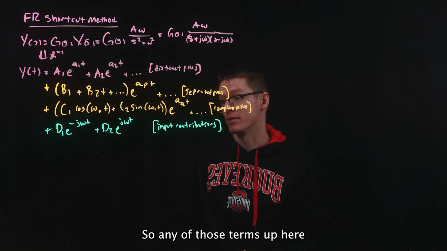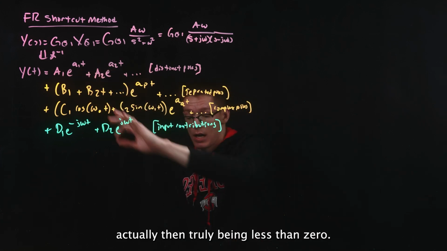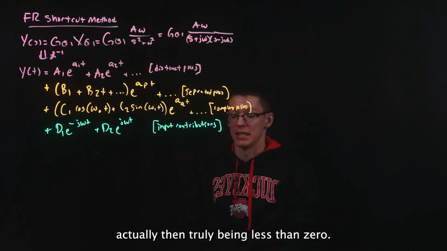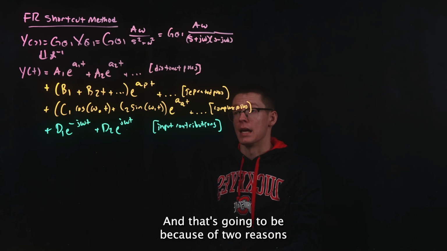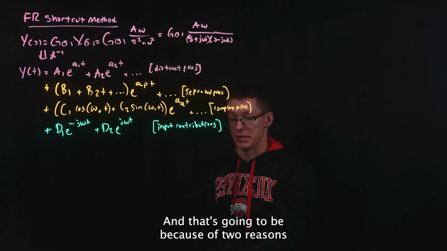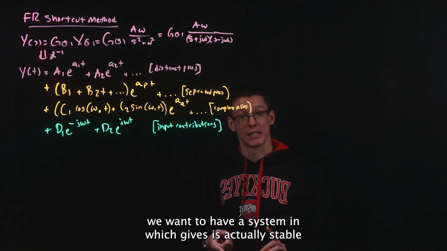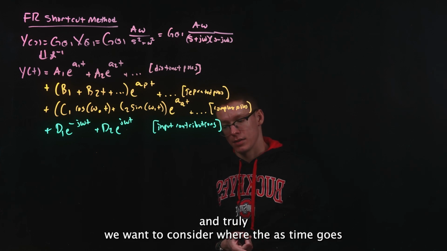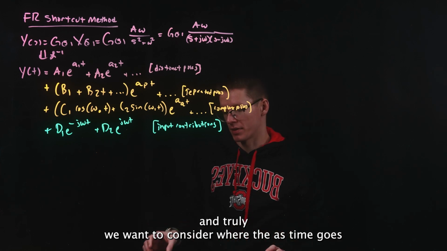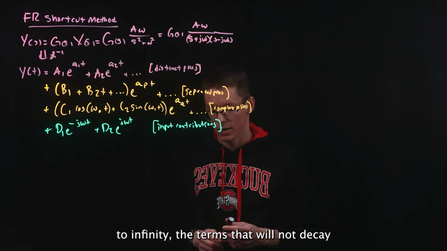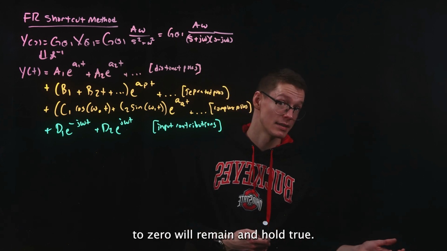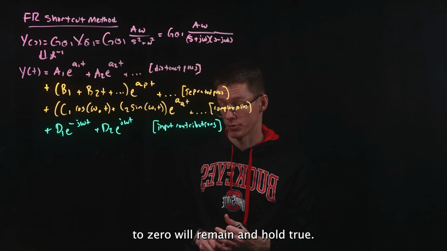So any of those A terms up here are actually then truly being less than 0. And that's going to be because of two reasons. We want to have a system in which g of s is actually stable, and truly we want to consider where as time goes to infinity, the terms that will not decay to 0 will remain and hold true.